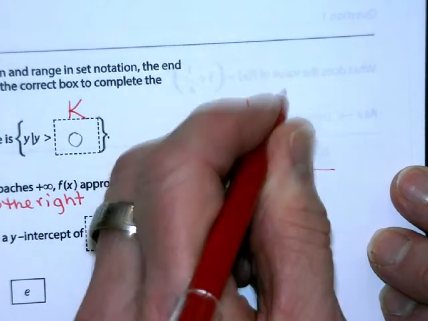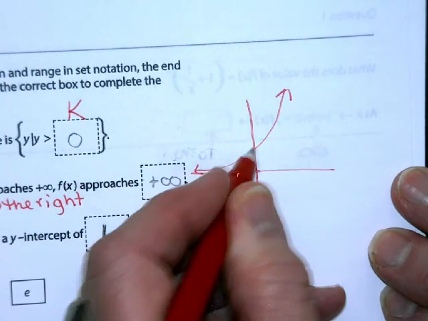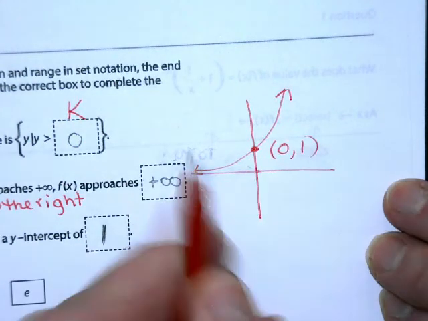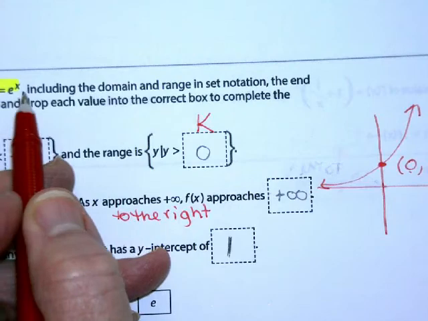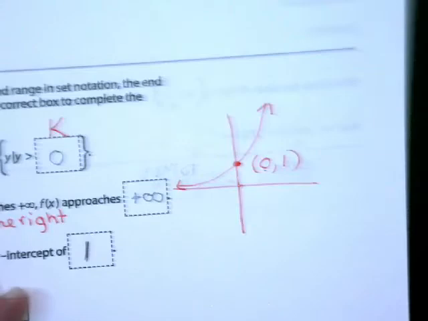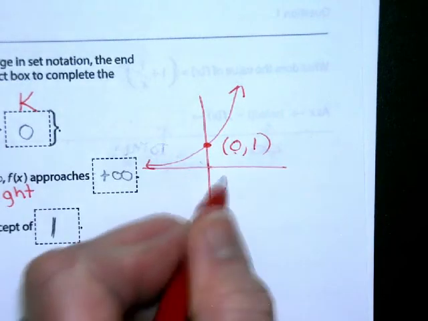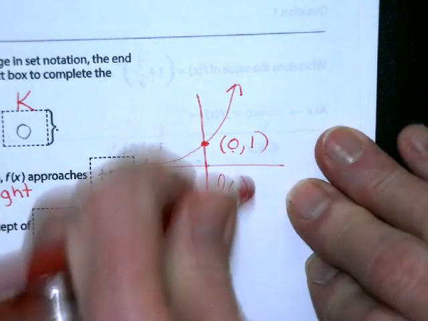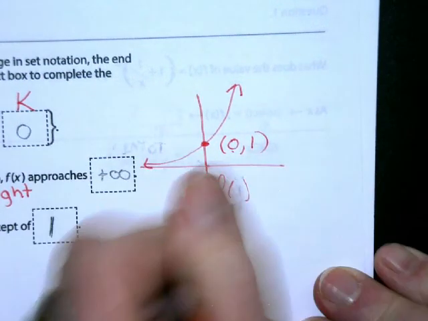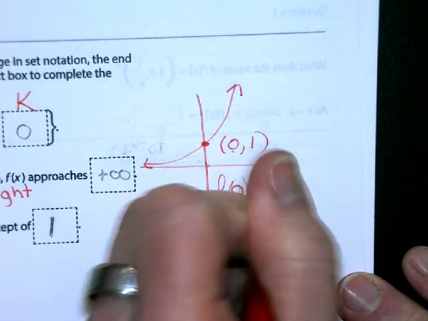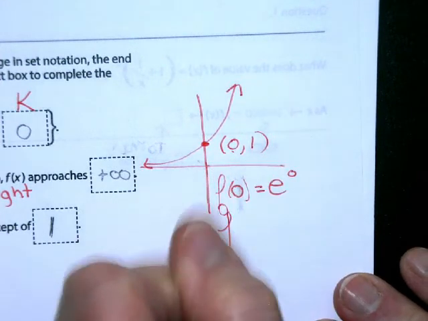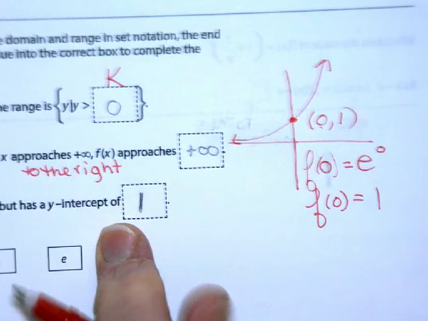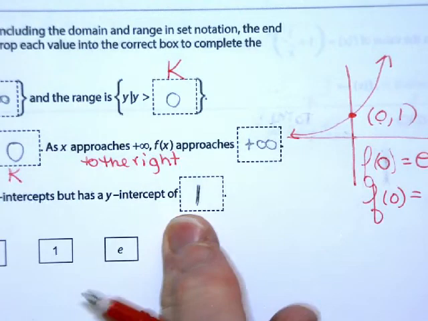Now, for the sake of the video, I'll draw a parent graph here. This is 0, 1, because if I put in 0 for the exponent over here, I get 1 out. So it's f of x. I'm going to put 0 in. F of 0 is e to the 0. So f of 0 is 1.